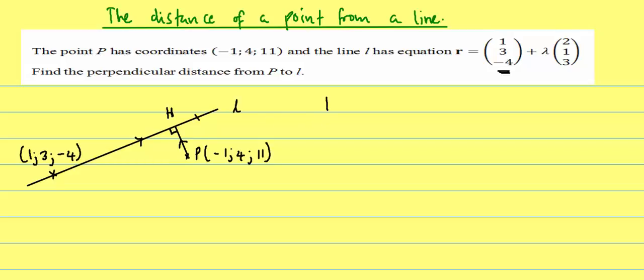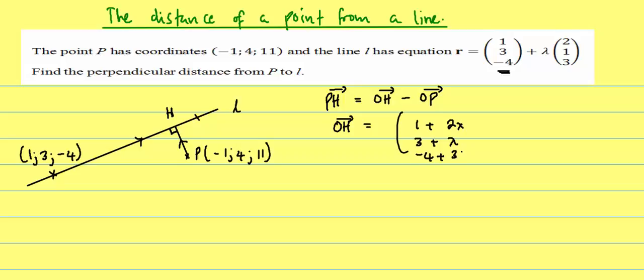So PH is going to be the vector OH minus the vector OP. Now we know that the position vector of any point on the line is going to be given by this equation here. So let us suppose then that OH is equal to (1 + 2λ, 3 + λ, -4 + 3λ).